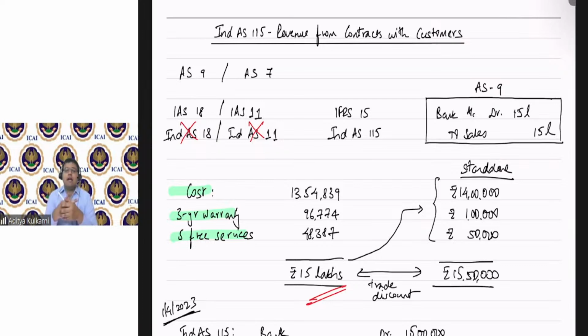So this is how the accounting would happen under Ind AS 115. Obviously, there would be no requirement to recognize a provision for the warranty and servicing because we are recognizing the revenue only at a later stage. So costs can be booked on actual accrual that happens during the period. So this was the fundamental change that we had.